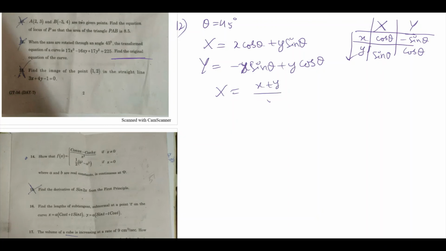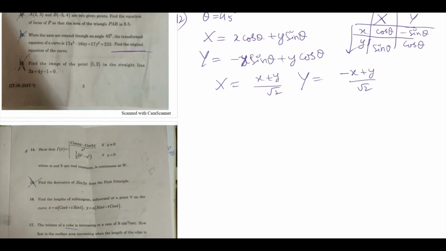So what I get is capital X equals small x into cos theta plus y into sin theta, and capital Y equals minus x into sin theta plus y into cos theta. Substituting the value of theta, I'll get capital X equals x plus y by root 2 and capital Y equals minus x plus y by root 2. So these are my new coordinates.